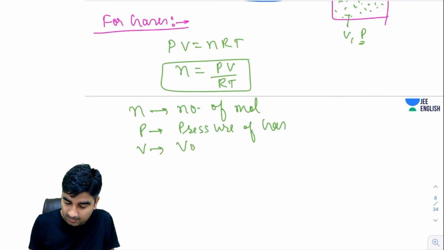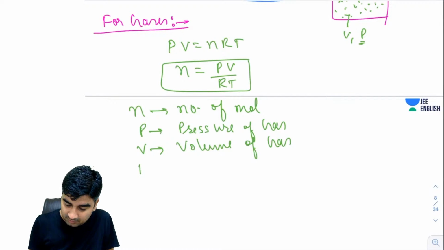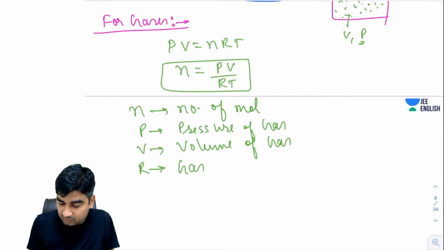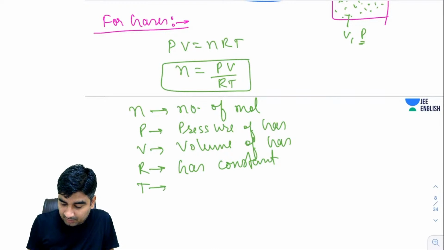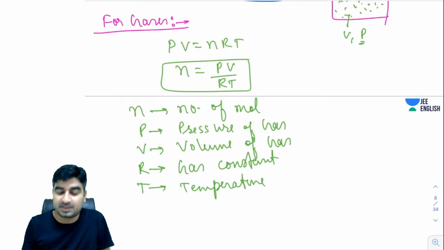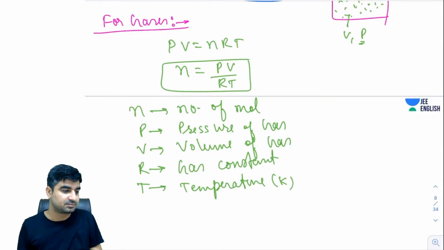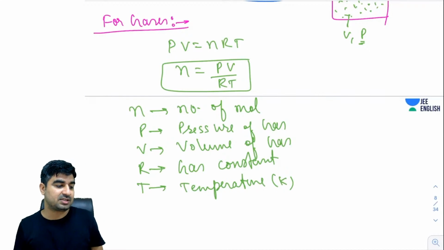V, volume of gas. R is called the gas constant. T is called temperature, and you always have to take this temperature in Kelvin. Yes, you always have to take this temperature in Kelvin.